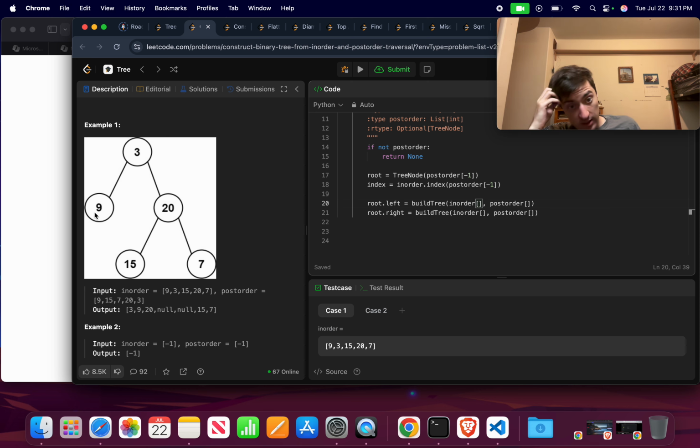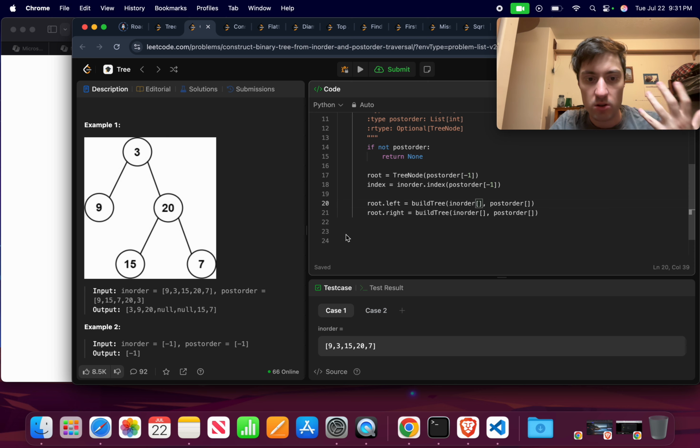And I want to pass in for in order everything to the left of where it breaks, right? Because this shows me where it breaks. And I don't want to include the root itself. So this is going to be from the beginning to the index, and index is not included because I don't want that 3 there. So it's only going to be that 9.